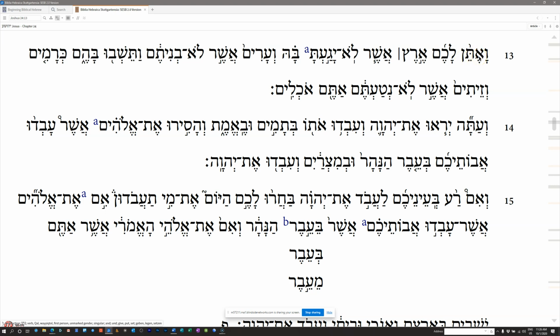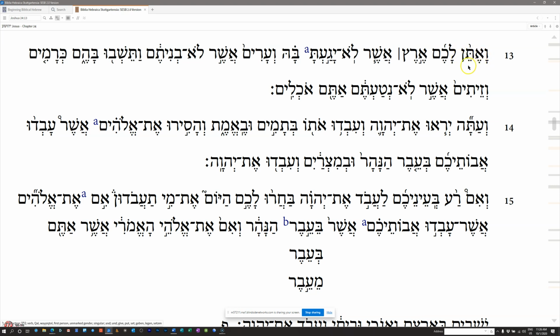Now, we haven't done the vav relative yet, I don't think anyways. But this is probably a vav relative. That's why we've got a kametz here instead of a shva. This is a particular form of the vav that is used in narrative, I guess would be the best way to put it.